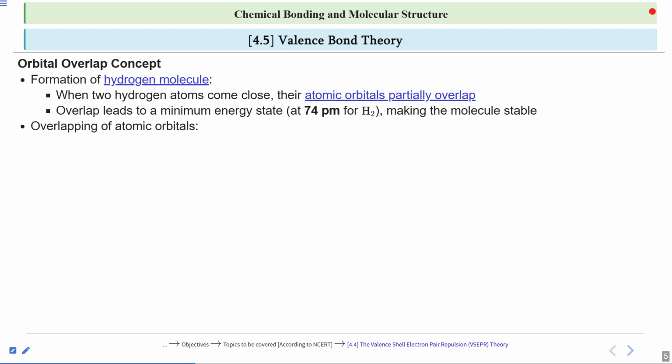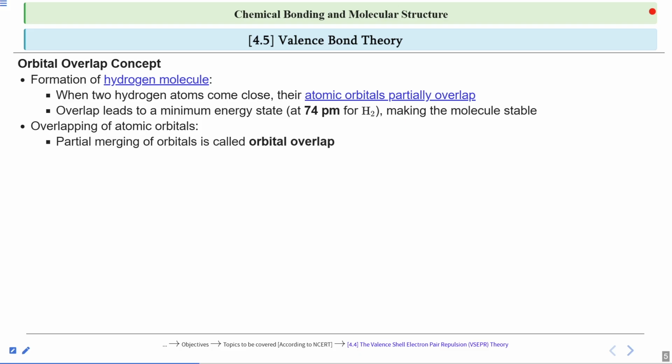Till now we know that if two hydrogen atoms come together, their energy goes on decreasing, and during this whole process, the atomic orbital of one hydrogen atom overlaps, or is on top of the other, and they come closer and closer until they reach minimum energy, which is at 74 picometer for the hydrogen molecule.